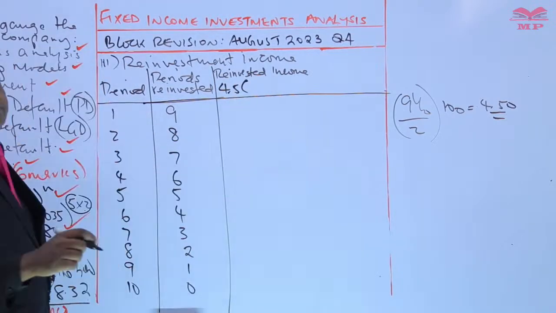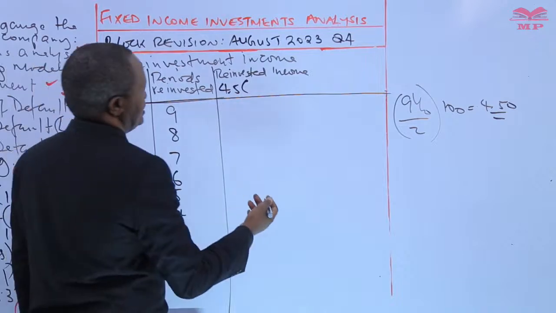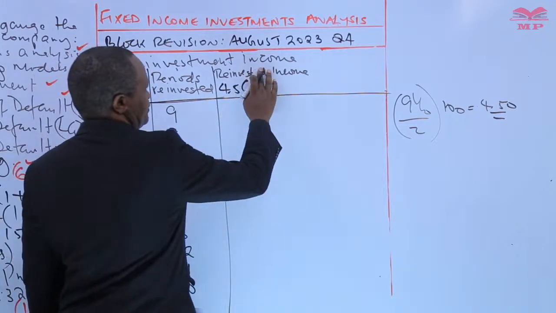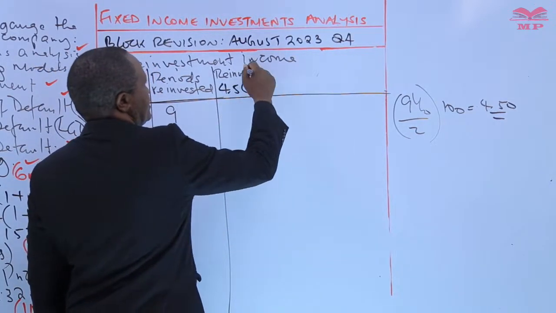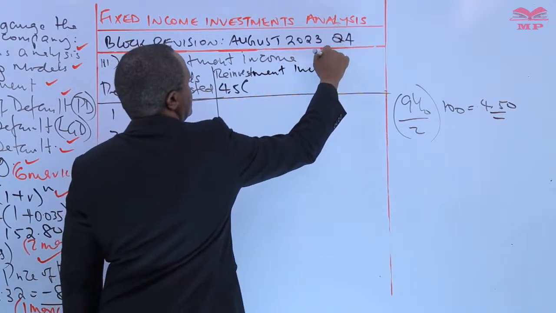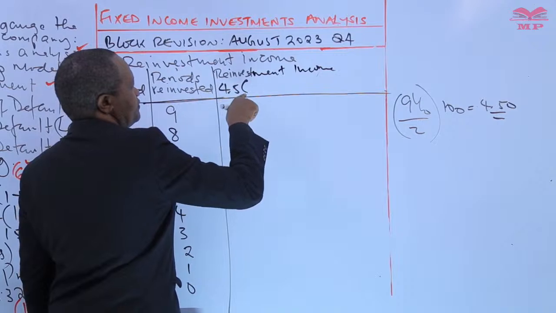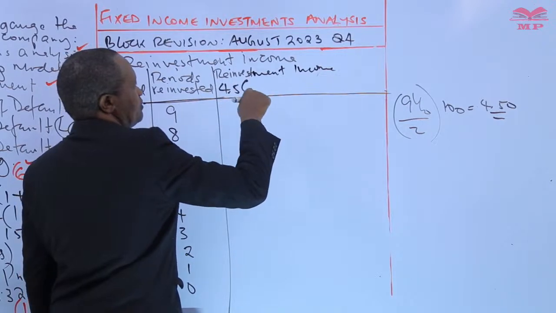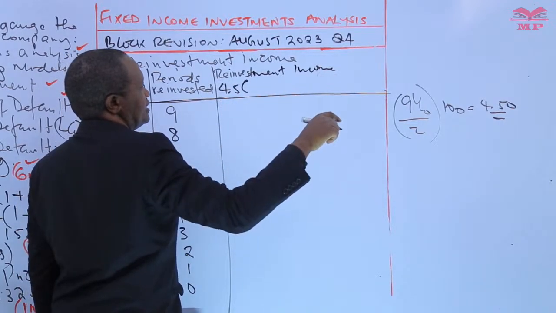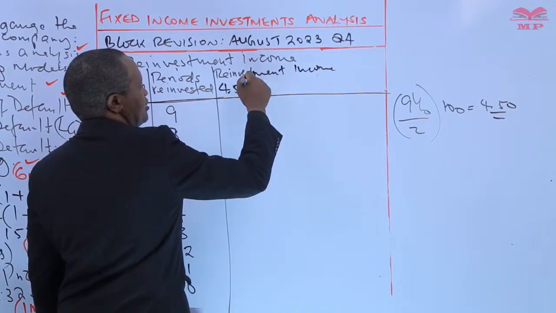Reinvestment income, not reinvested, will be equal to 4.5 into (1 plus R).